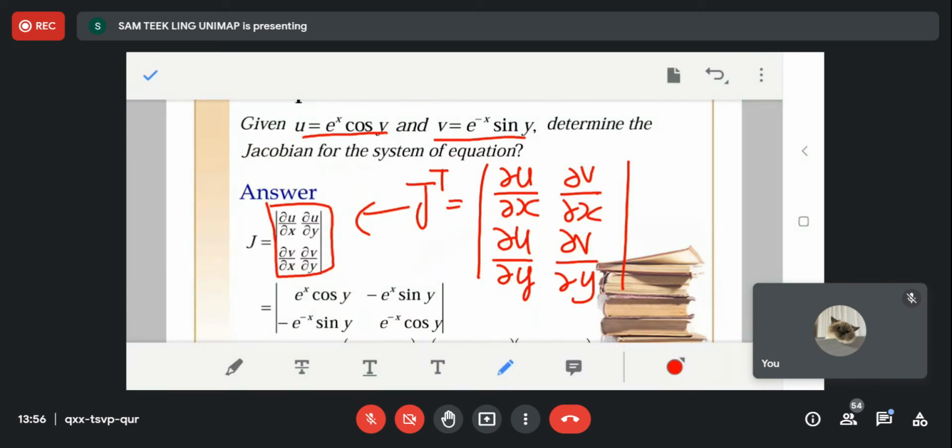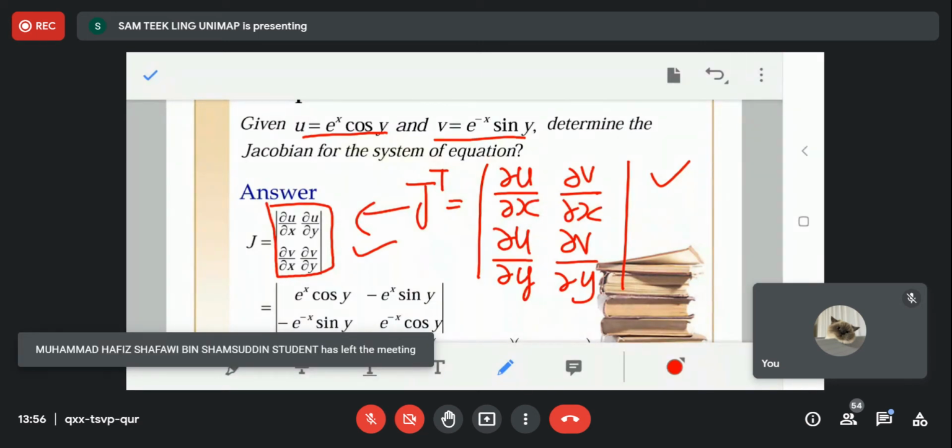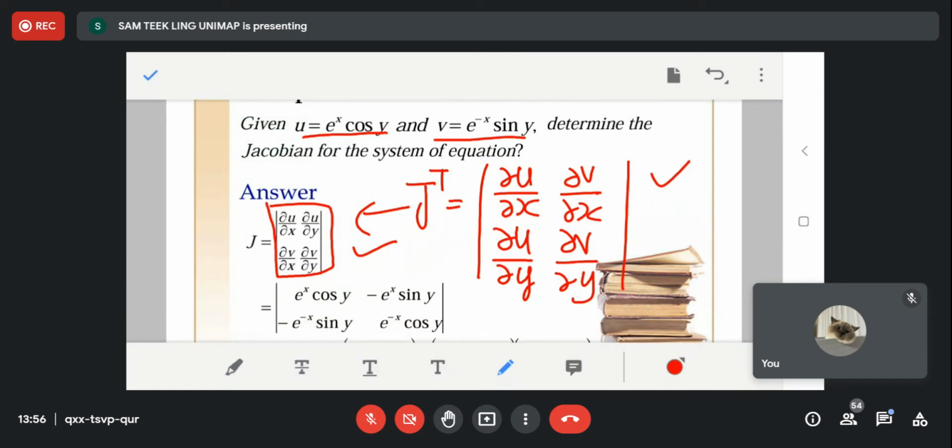You can choose any one, it's no problem. You can use this one or this one to solve. Both are okay. So this is the Jacobian. The determinant of J and the determinant of J transpose will give the same answer.